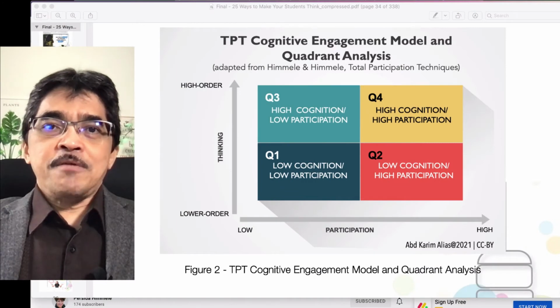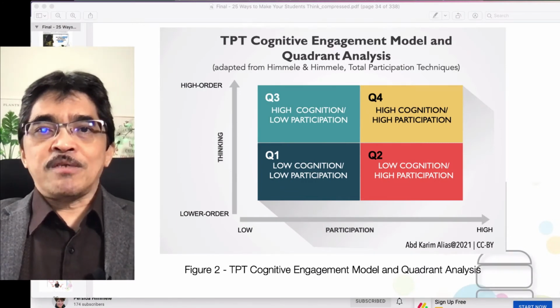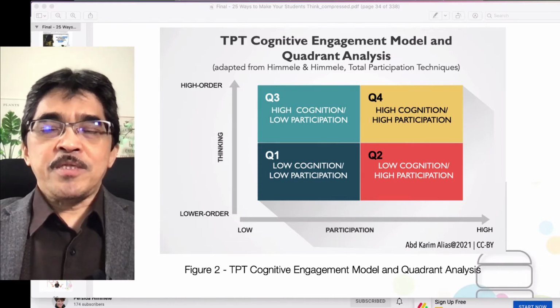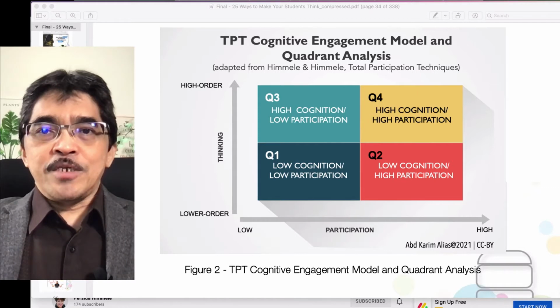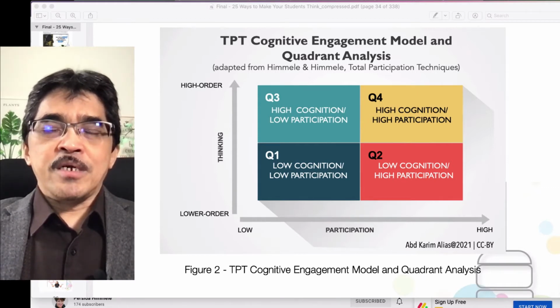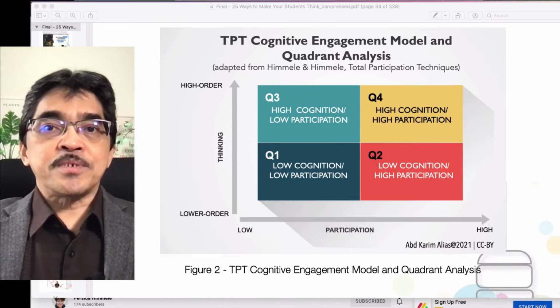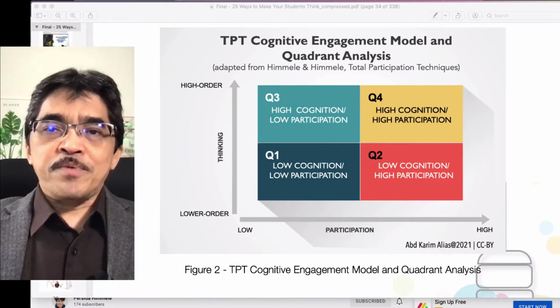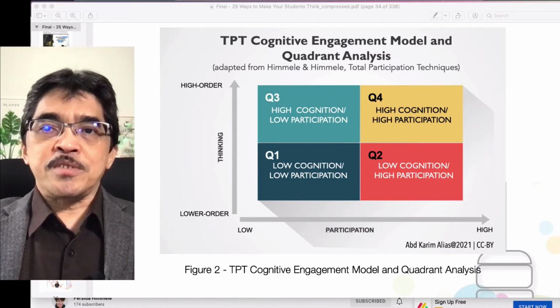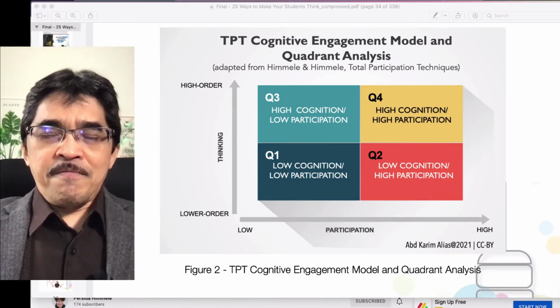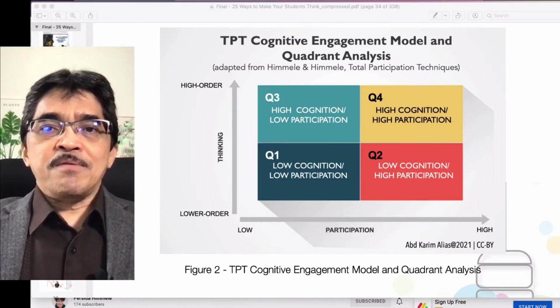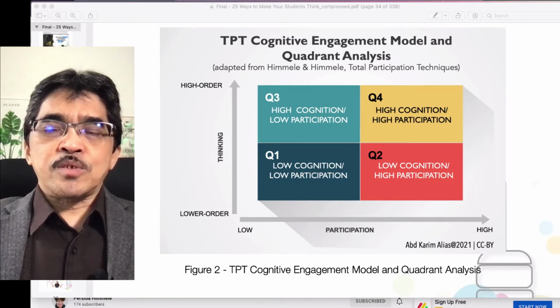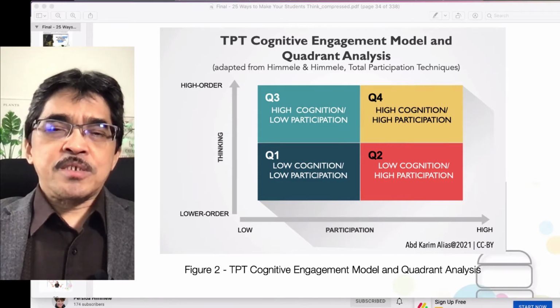So this is the TPT Cognitive Engagement Model and Quadrant Analysis. TPT stands for Total Participation Technique, and this model is adapted from Persida Himmele and William Himmele, the authors of the book Total Participation Techniques. I have drawn the diagram here to represent the so-called quadrant analysis.